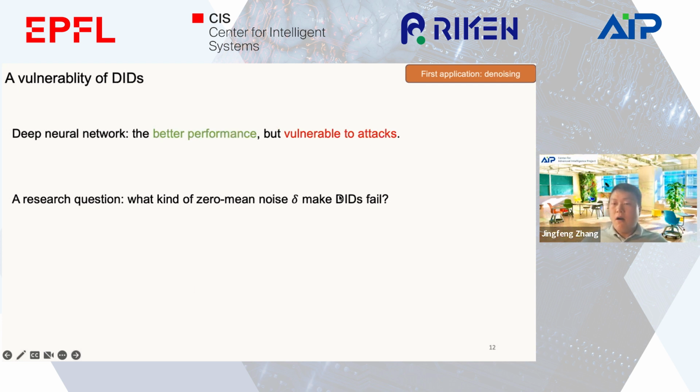However, although deep neural networks have good performance, they are vulnerable to adversarial attacks. Similarly, this also applies to the deep image denoiser.